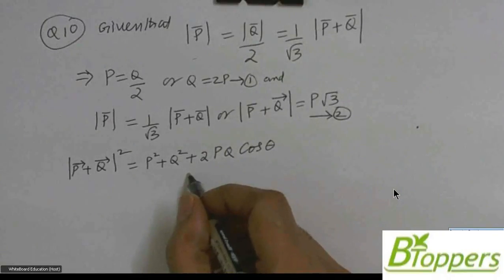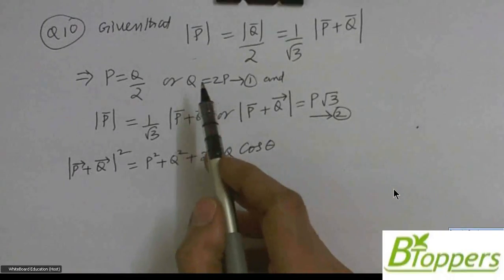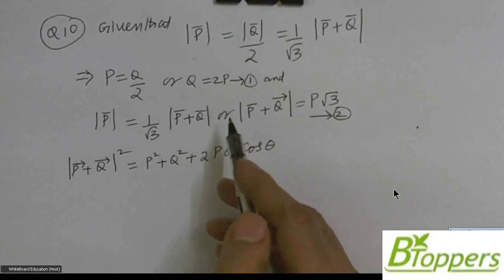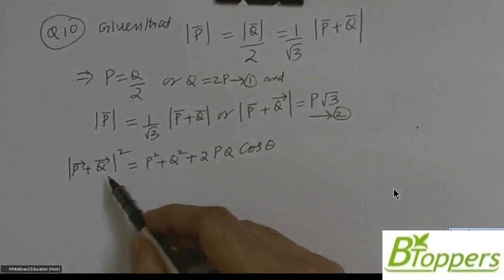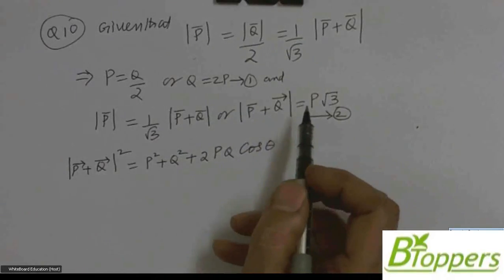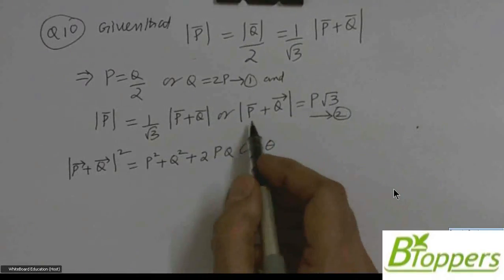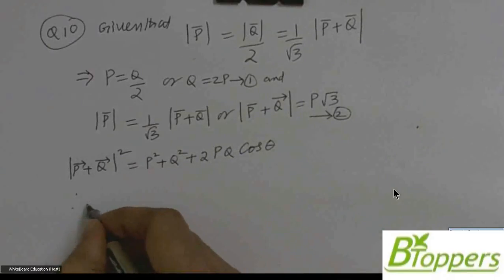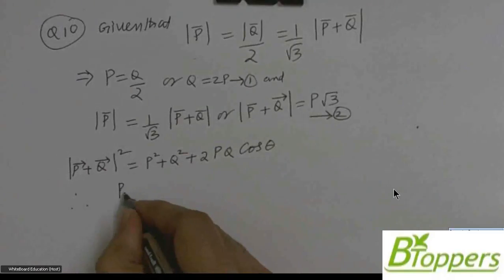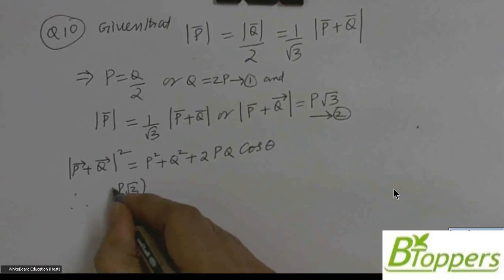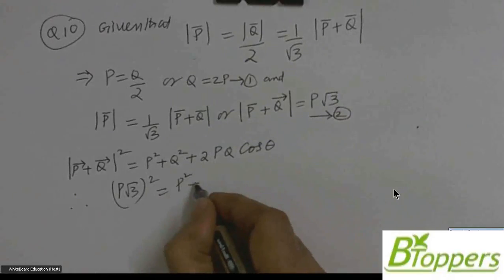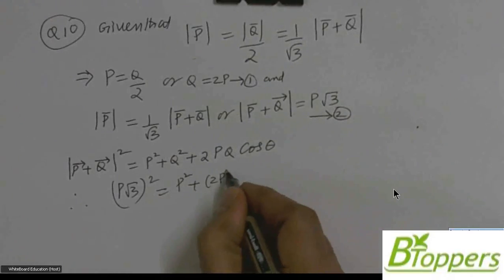So in this equation, on the right hand side, you can substitute q equal to 2p from equation number 1. On the left hand side, you can write modulus of p bar plus q bar equal to p root 3.